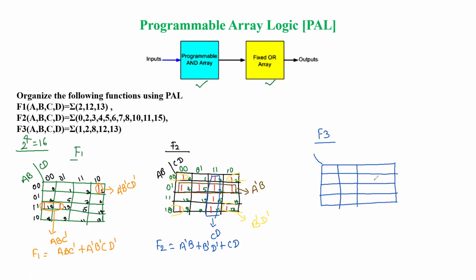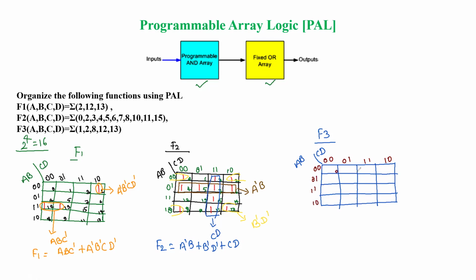Now again, the last one, this function is F3. Inputs are again A, B, C, D. So we have the representations 0, 0, 0, 1, 1, 1, 1, 0, and again on this side 0, 0, 0, 1, 1, 1, 1, 0.